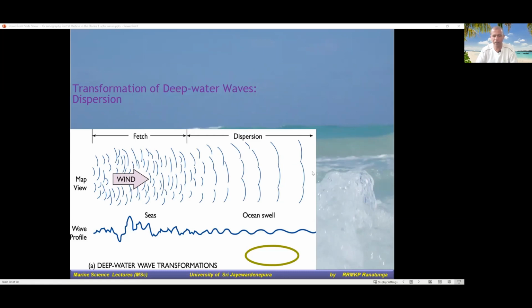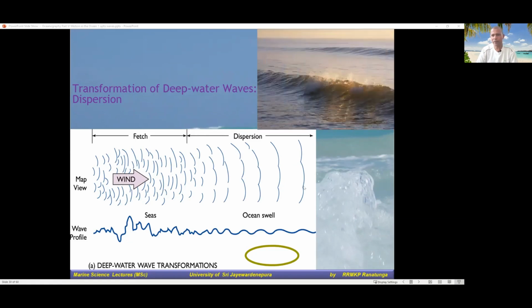So that's how waves are formed in the ocean. This image also shows that in the far distance you won't even notice these waves, but when they approach the beach, they increase gradually.